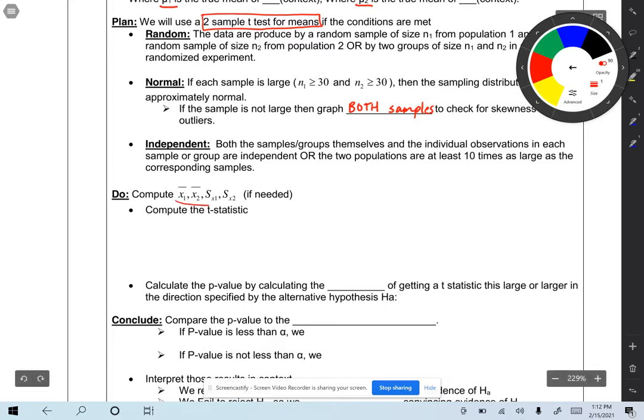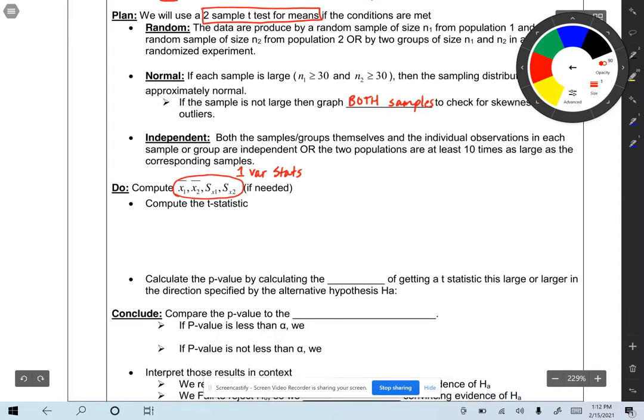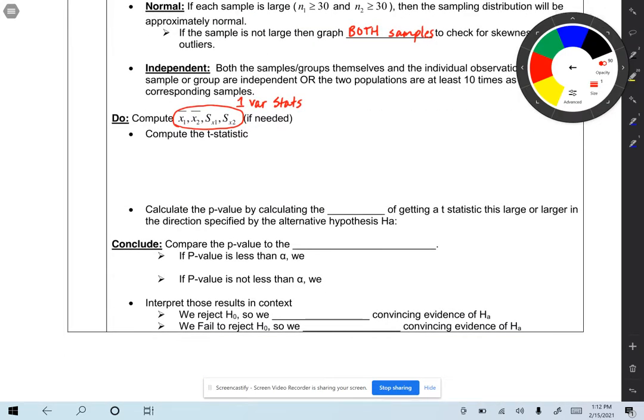Now, the next thing you want to do is, if the sample means and the sample standard deviations are not calculated for you, then you must calculate them doing a one variable stats. And next you compute the t-statistic. So the t-statistic, it's like a z-score, but it's a t-score because it's t distribution.